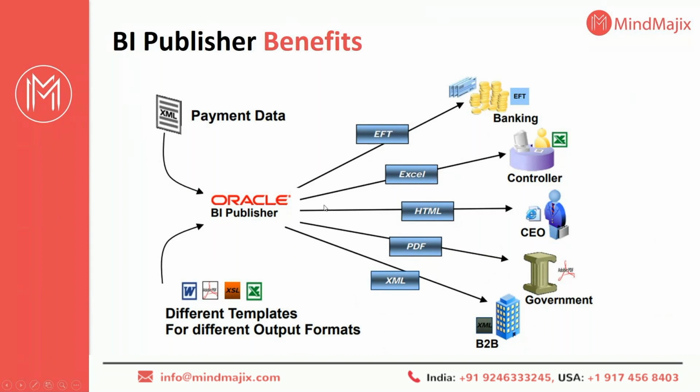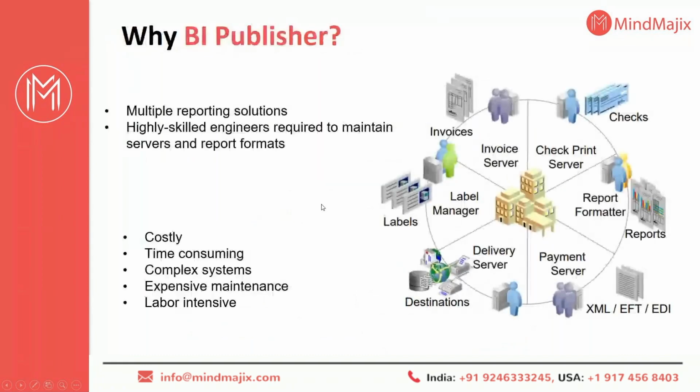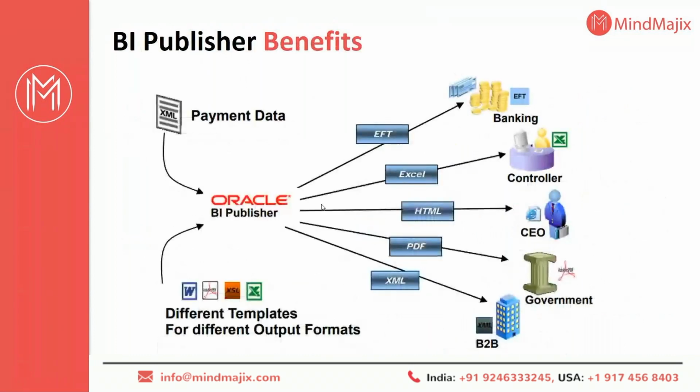For example, in the previous slide we saw multiple aspects of the organization. If we put BI Publisher in as the reporting solution, the fund transfer reports will lead only to banking and EFT kinds of reports. The controller will get only Excel reports, and the managerial hierarchy will get only HTML reports.